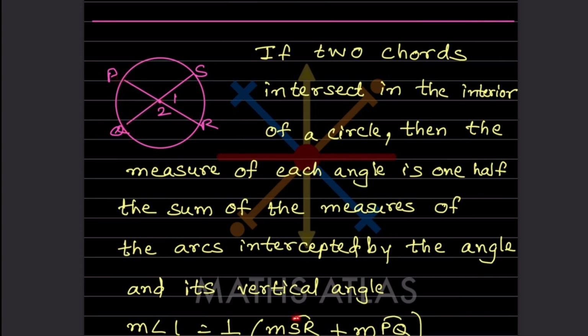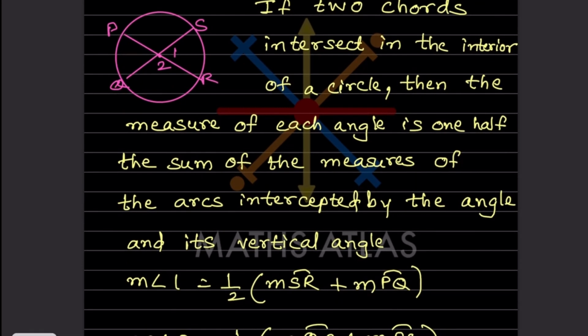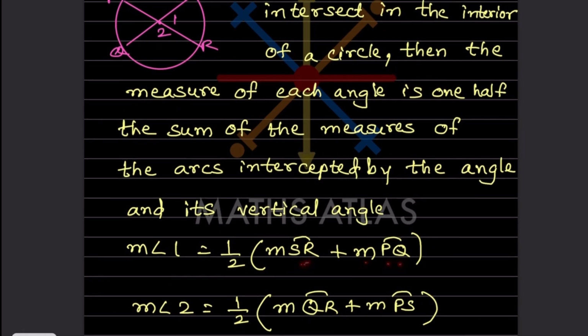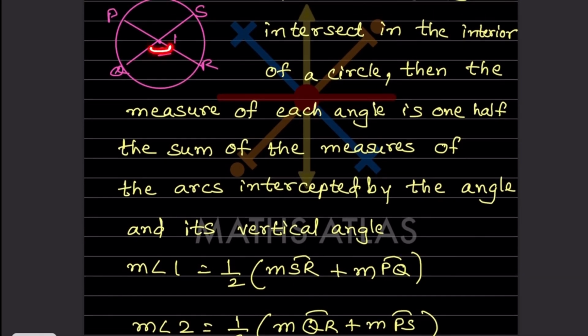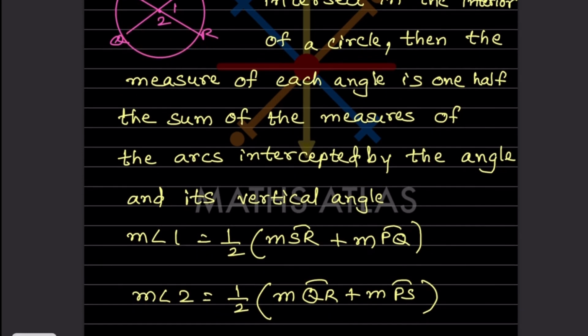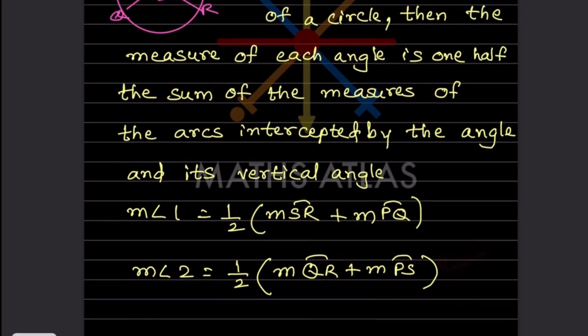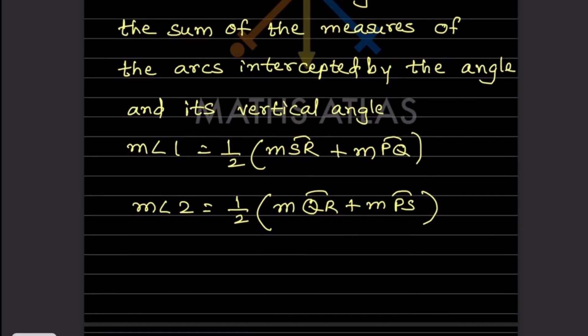Whenever you write it here, you put SR with an arc symbol like this. This is called the arc. So angle 1 is half of arc SR plus arc PQ. And angle 2 will be half of arc QR plus arc PS. Hope you got this.